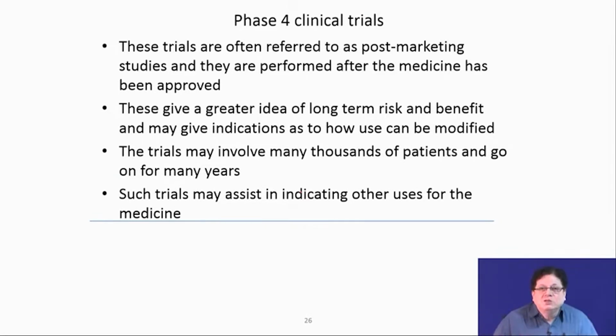That is what is called phase 4. In many cases, some drugs have been approved and entered the market, and later had to be withdrawn because they have other effects which may be detrimental.